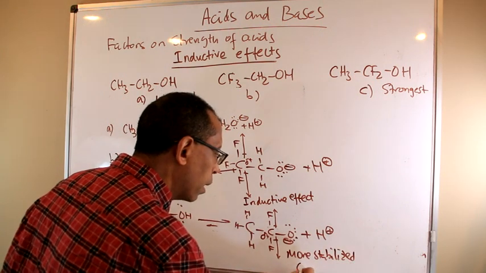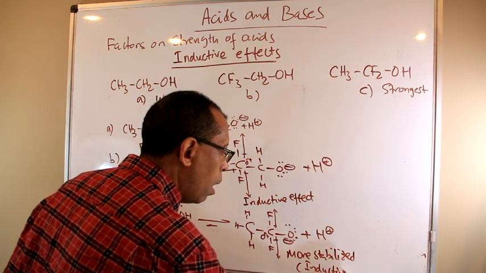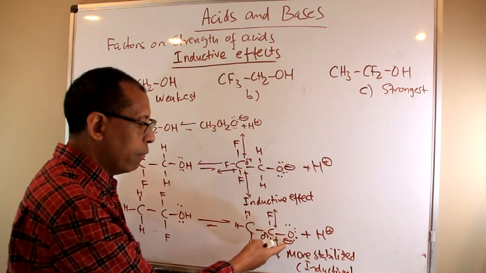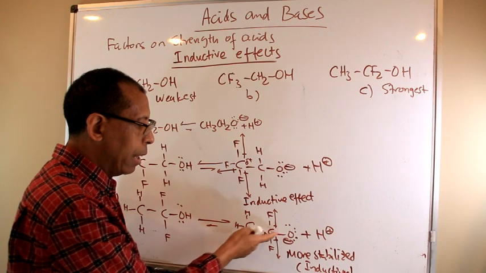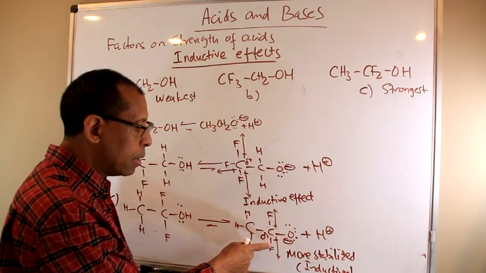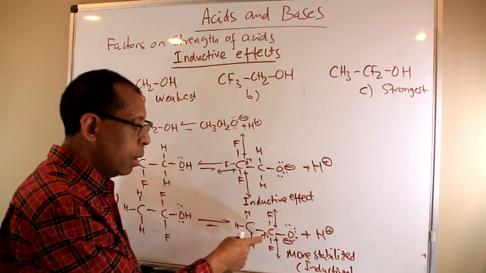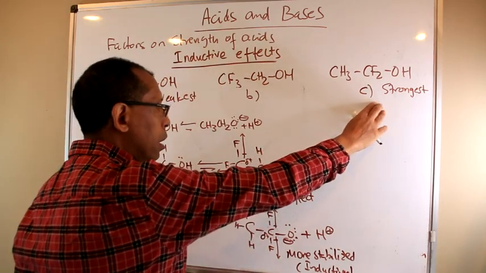The negative charge is more stabilized by inductive effect. The electron withdrawing effect of fluorine stabilizes this negative charge because it creates a more positive center next to the oxygen. So the inductive effect is felt much more when it is very close to the oxygen, on the next carbon. So this is the strongest acid.